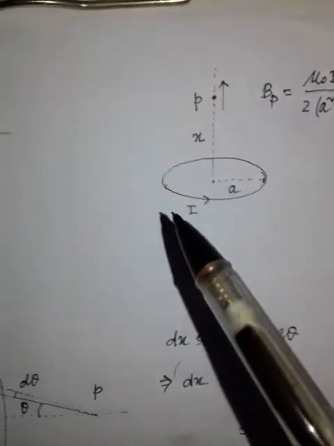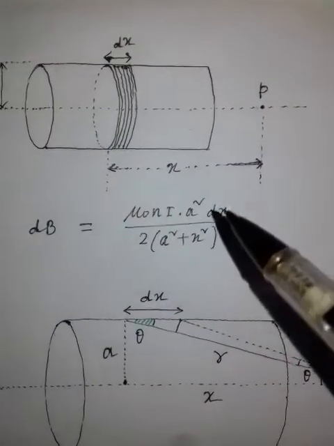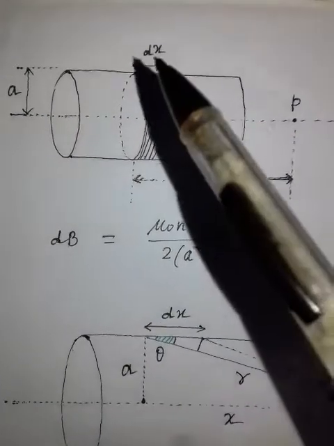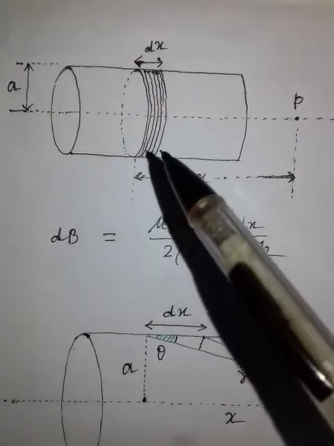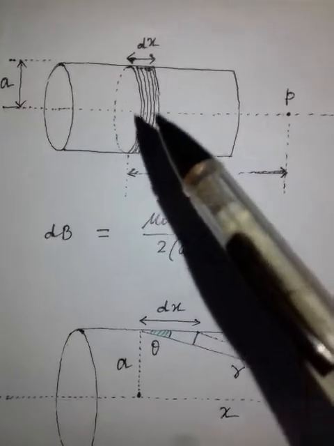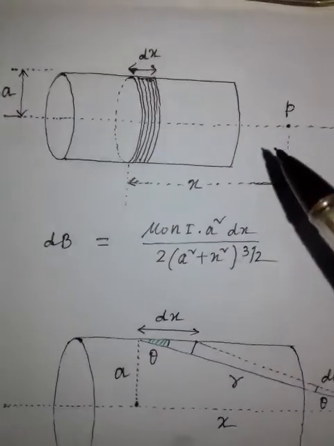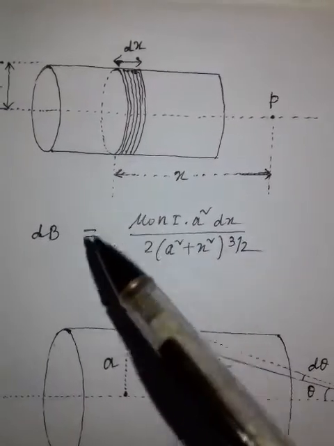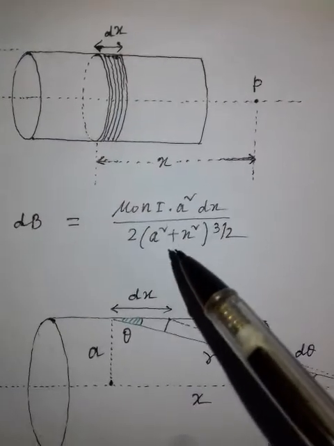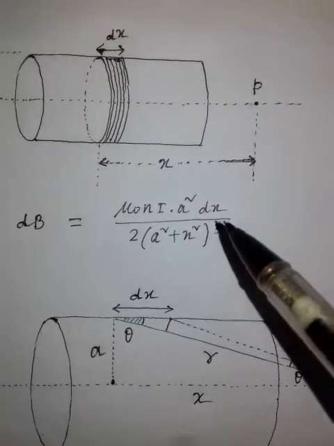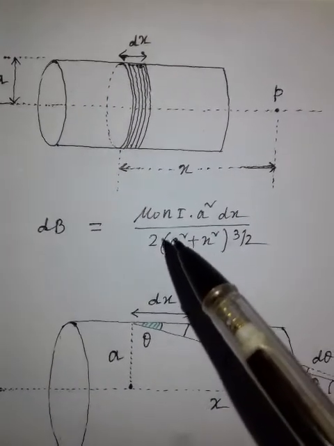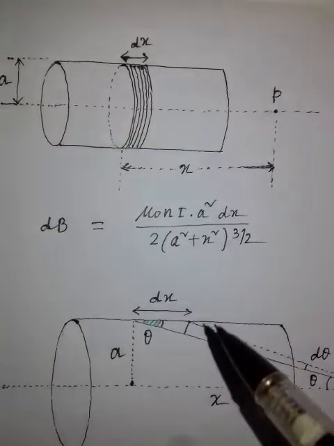Using this result, we can say that the magnetic field produced by this elementary portion, which is of the form of a ring, at P would be dB equals mu naught ni a square dx by twice a square plus x square to the power 3 by 2, as this elementary portion corresponds to a current ni dx.